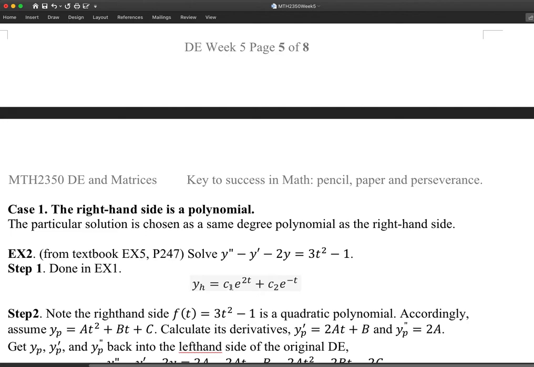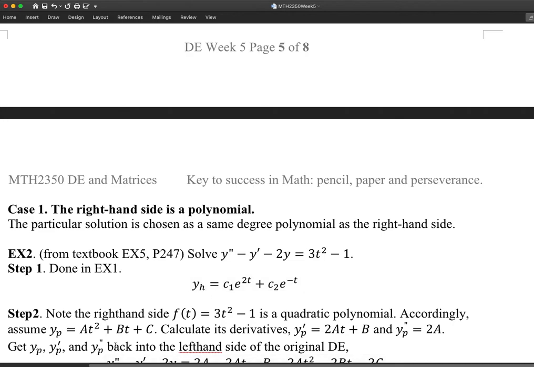Okay, and then the second step, we are going to generate a particular solution, and I'm seeing the right-hand side as a quadratic polynomial. So accordingly, you want to assume the particular solution as a quadratic polynomial. And you do want to assume the complete terms of the quadratic polynomial.